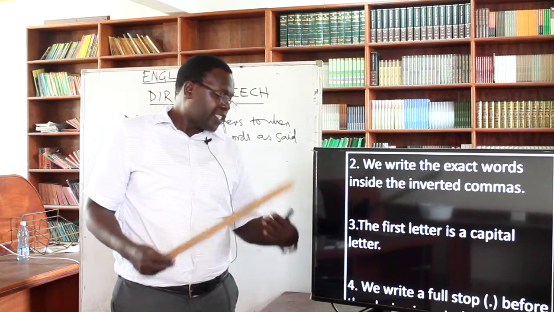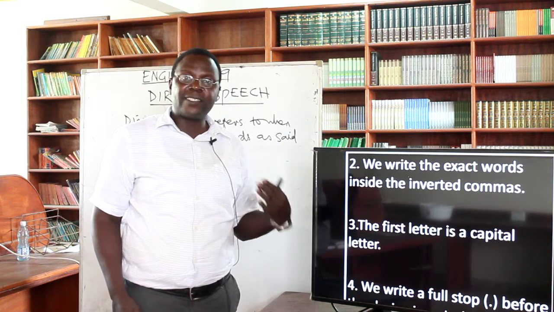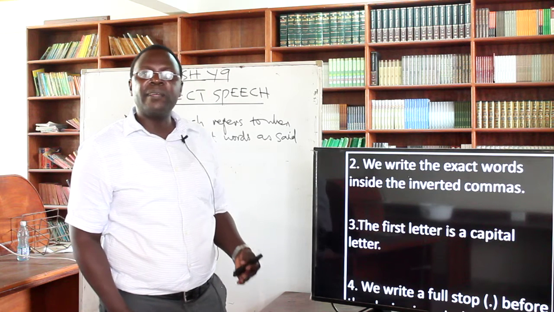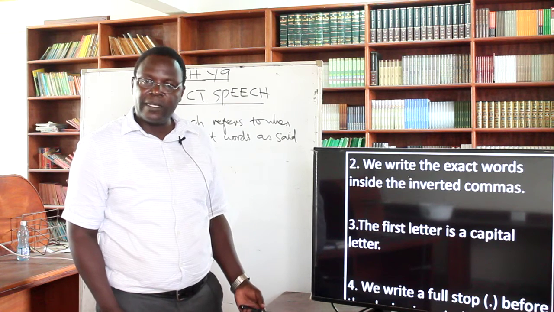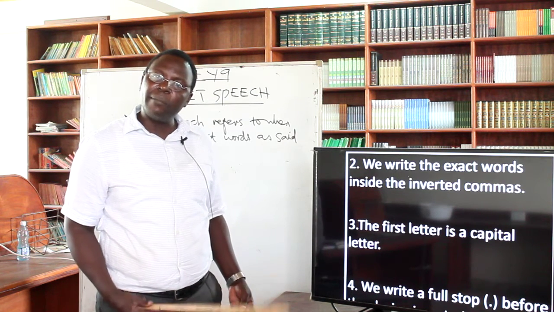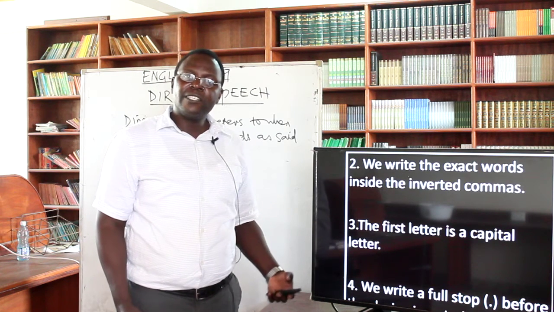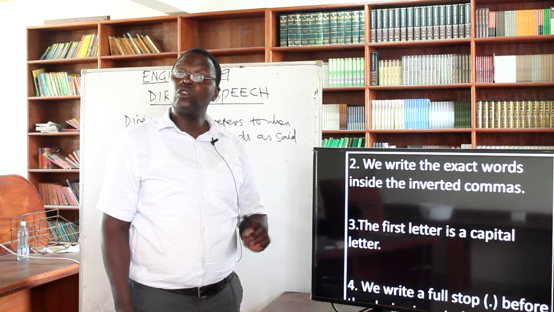You know, these rules appear like they are very minute, that they are less important. But the moment you neglect them, you flout the rules of direct speech, and therefore it is grammatically wrong.